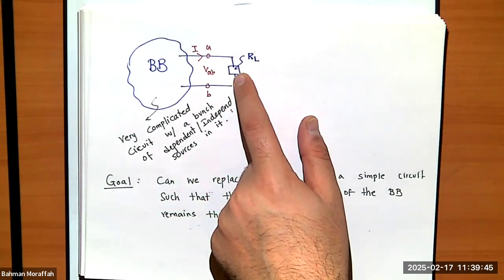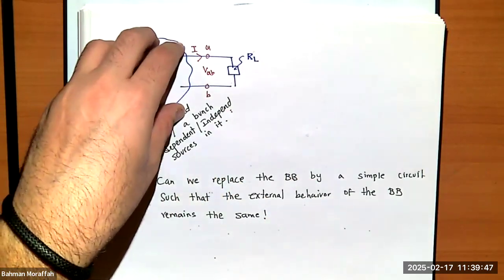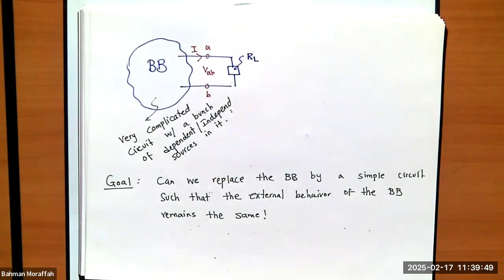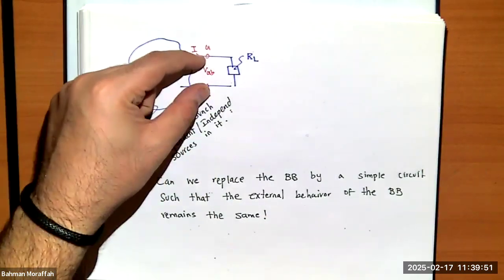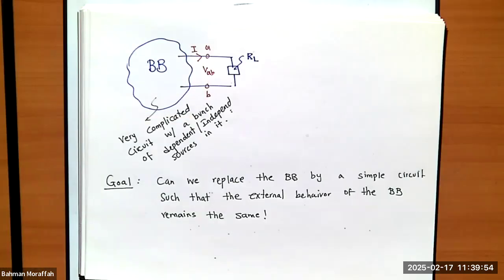So if I replace this black box by a simple circuit that gives me exactly the same voltage across A and B and this current, then I'm good to go, right? So my goal is to replace that very complicated circuit with a very, very simple circuit that has the external behavior exactly the same as this one.